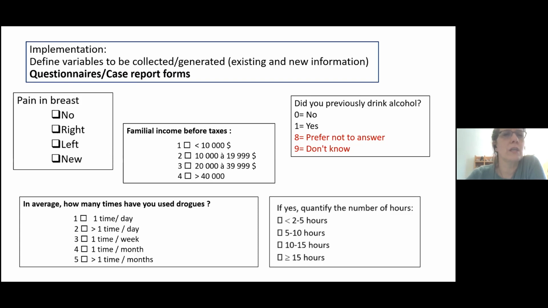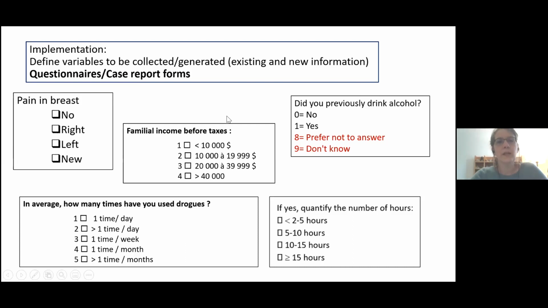Here we are talking about pre-information. Pain in breast, yes or no. Another piece of information is right, left, or both. And another is whether it is new or something that was there for a long period of time. So we are collecting information that will not allow us to properly use the data afterward.